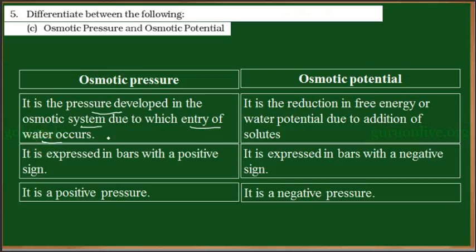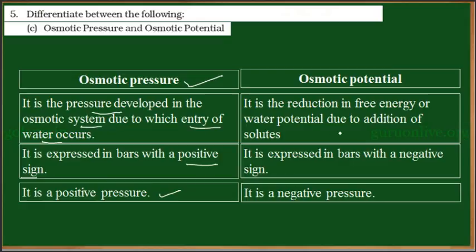So this pressure is called osmotic pressure. So osmotic pressure always induces water to enter inside the system. So it is a pressure developed by the solute present in the solution, and it is always a positive pressure because it allows water to enter the system and it is expressed in a positive sign.